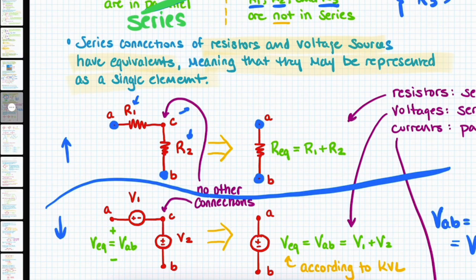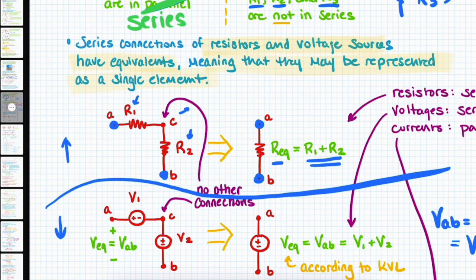The equivalent resistance between those is equal to R1 plus R2. You'll note that node C is gone, right? It's no longer observable in this simplified representation of the circuit.